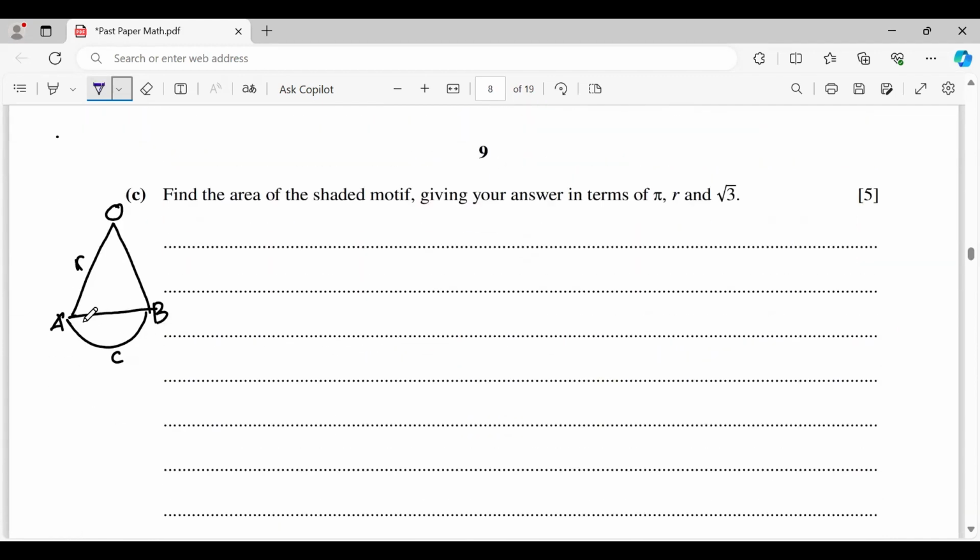I'm going to find this area, the ABC area, right? First, I'm going to find the sector area.